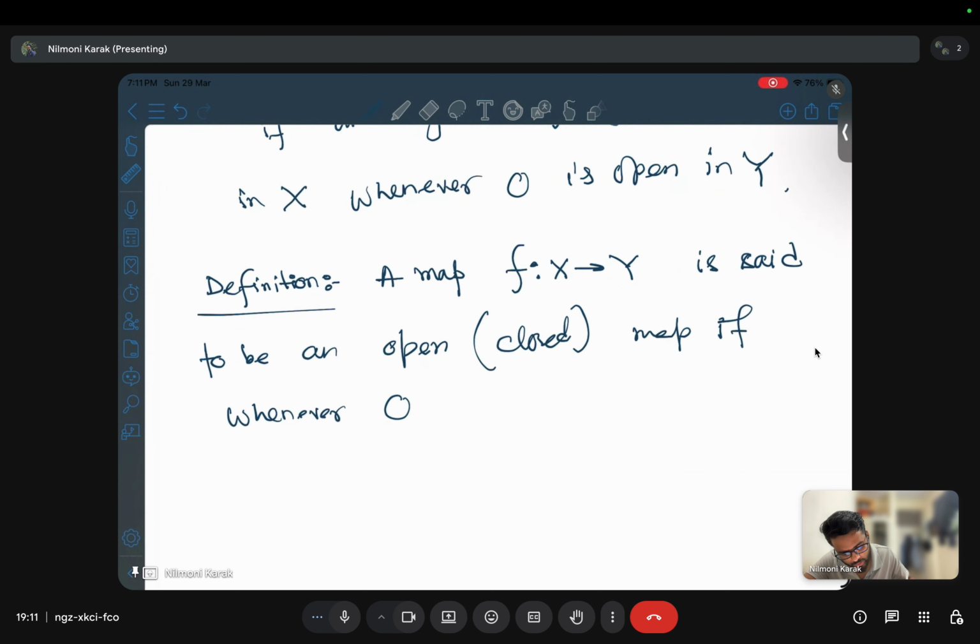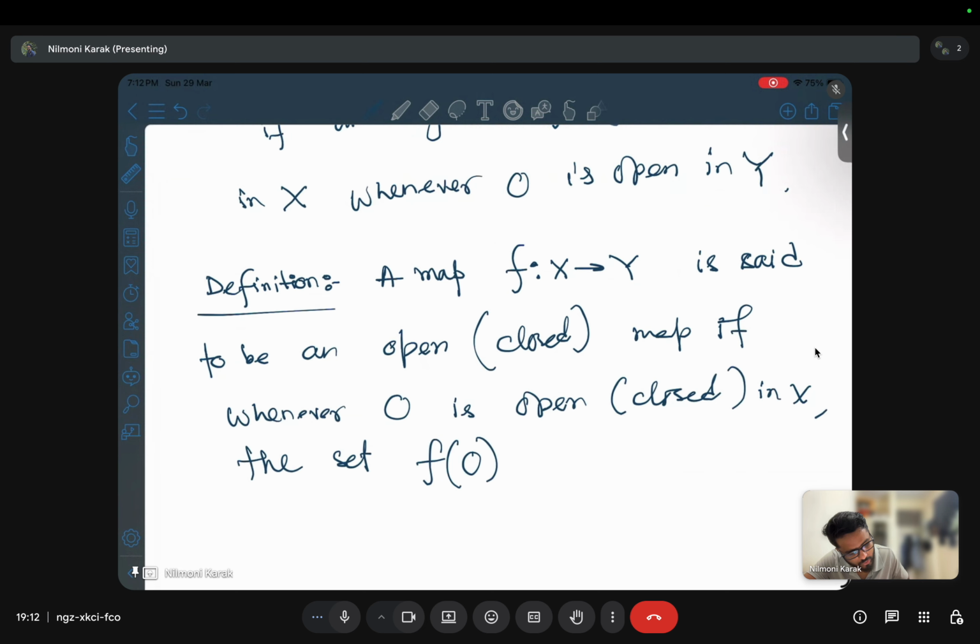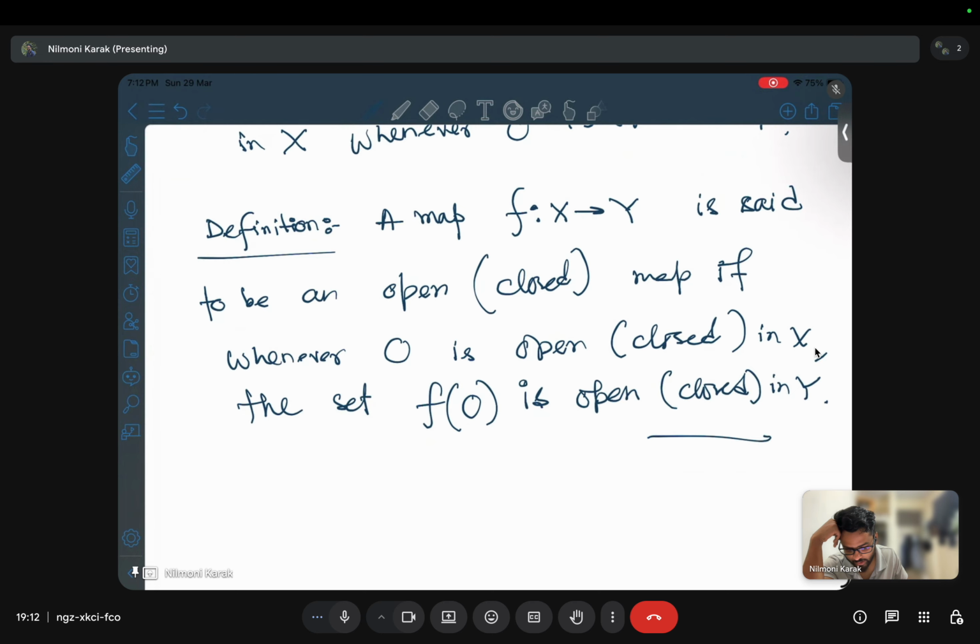whenever O is open, or respectively closed, in X, the set f of O is also open, or respectively closed, in Y. So this is called an open map or closed map.